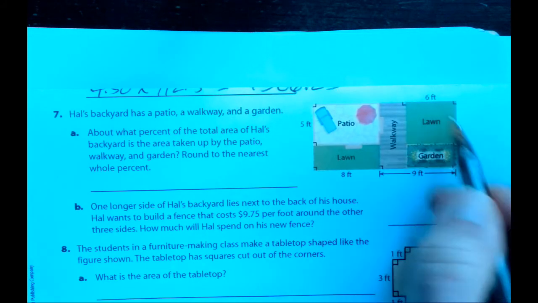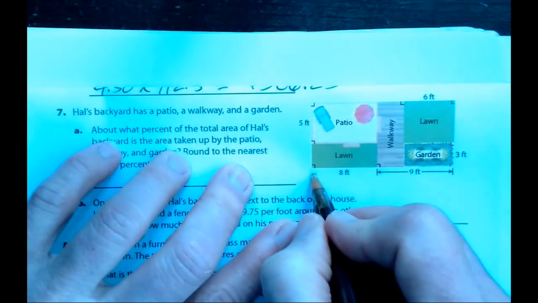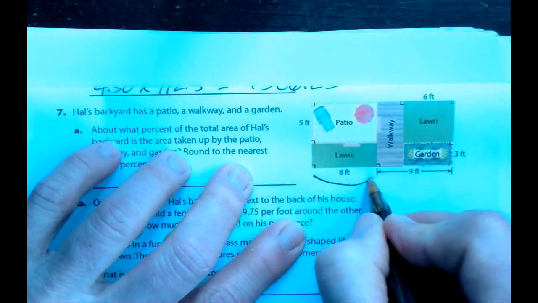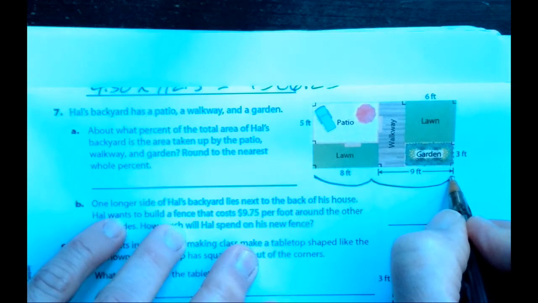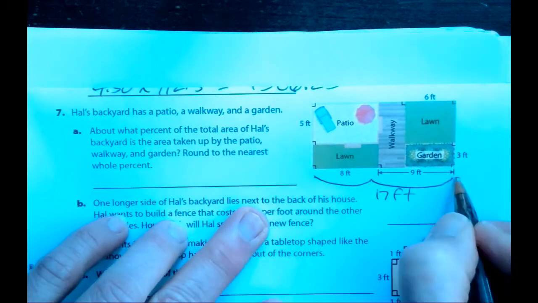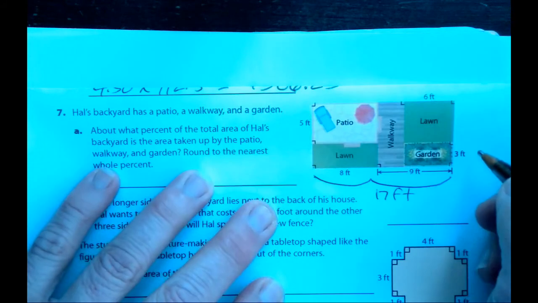So if we know it's 8 from here to here and 9 from here to here, then we know the total is 17 feet in length. We'll call that the base. And then for the height, we know it's 3 from here to here.